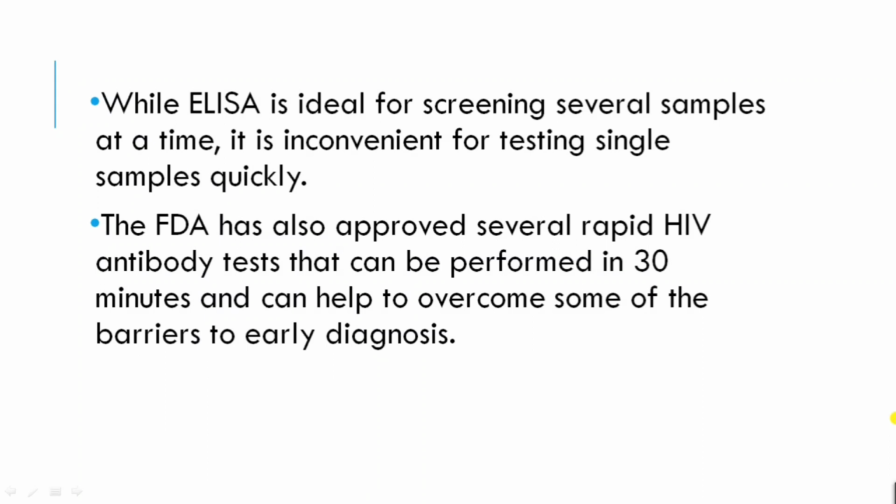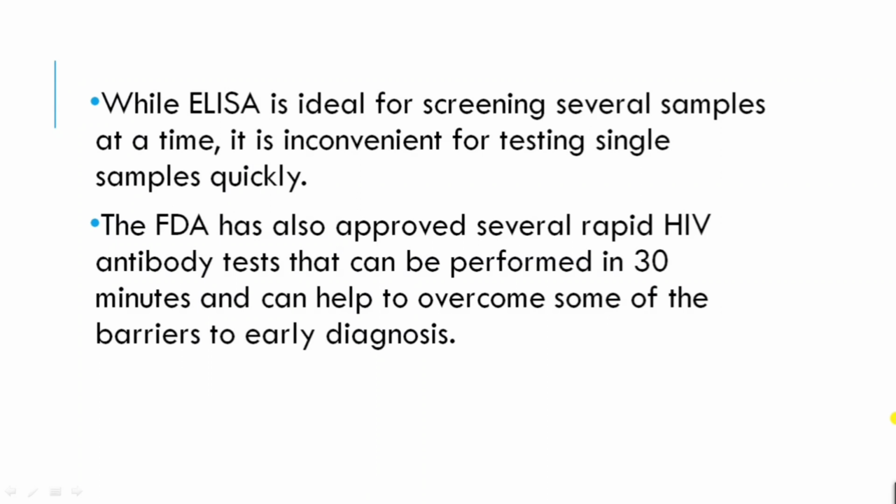While ELISA is ideal for screening several samples at a time, it is inconvenient for testing single samples quickly. So, FDA has also approved several rapid HIV antibody tests that can be performed in 30 minutes and can help to overcome some of the barriers to early diagnosis. So if you have one sample in your clinic and you need to get it tested for HIV, you don't have to perform an ELISA test.